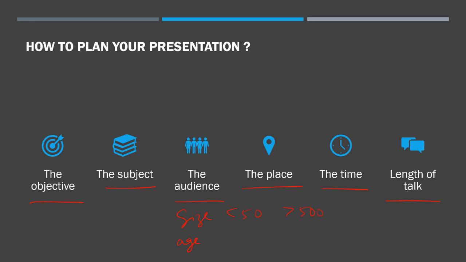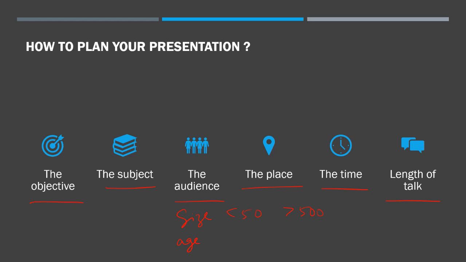That is very much important. You cannot always plan the presentation to the entire time allotted to you. You have to allot some time for taking the questions from the audience. So this is how you generally plan your presentation. When you take into consideration all these things, your presentation will definitely be very effective.